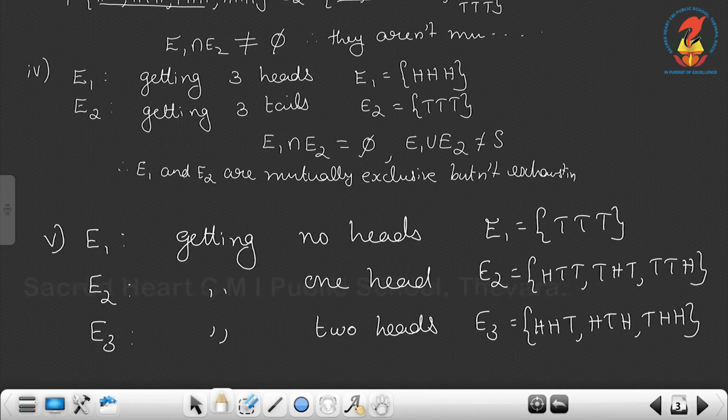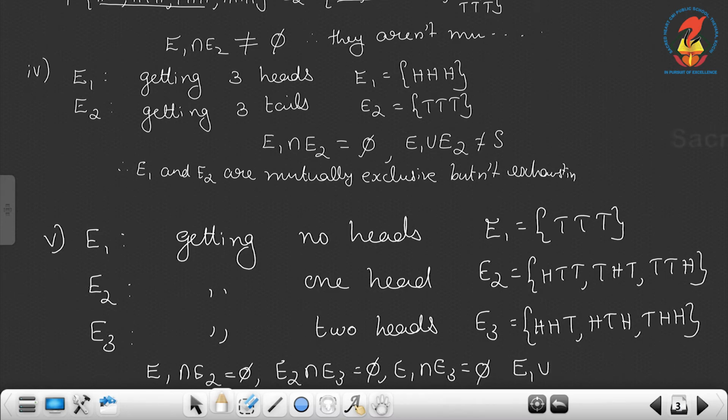Okay. So E1 intersection E2 is null set, E2 intersection E3 is null set, and E1 intersection E3 is also null set. Now what is their union, E1 union E2 union E3?